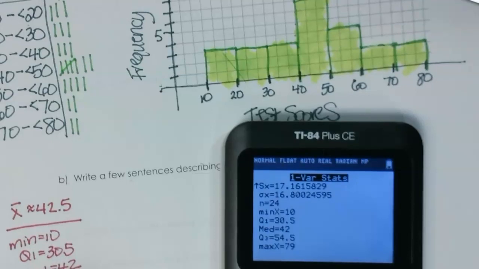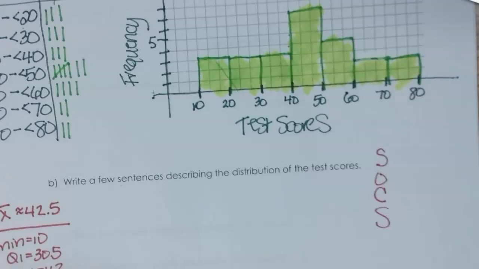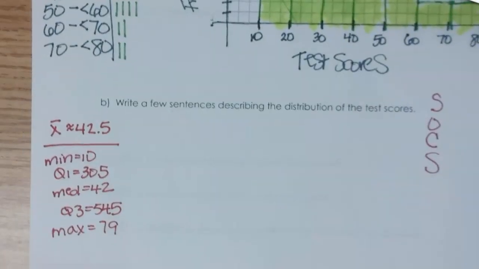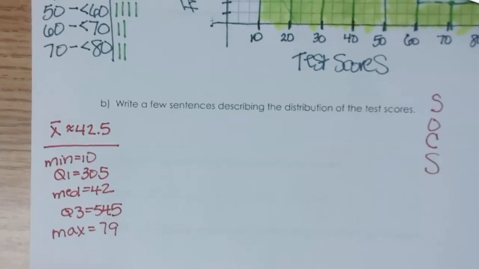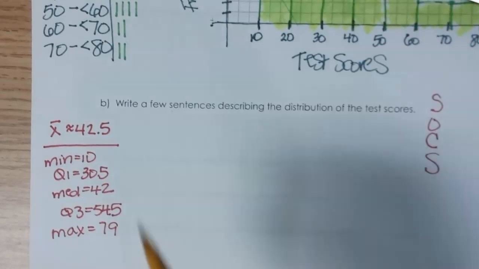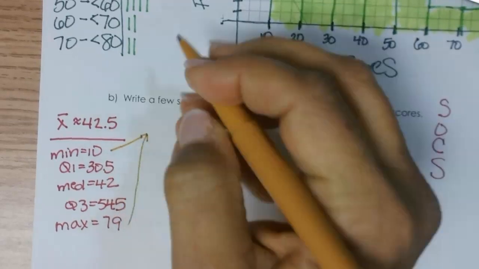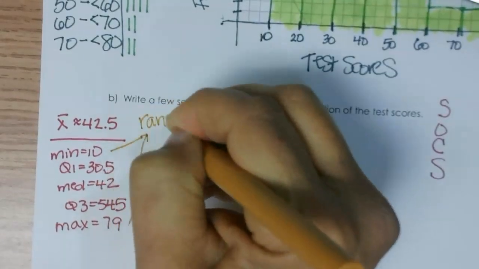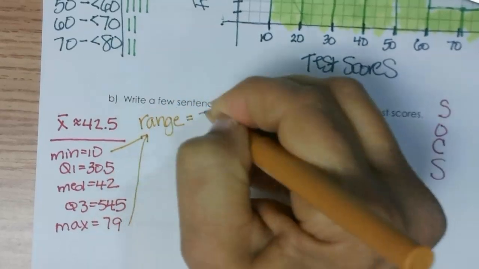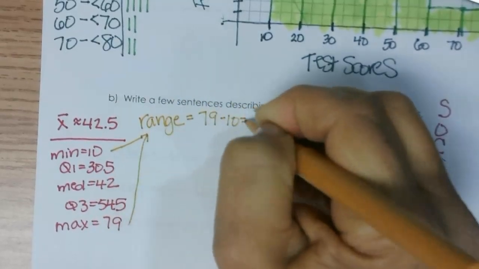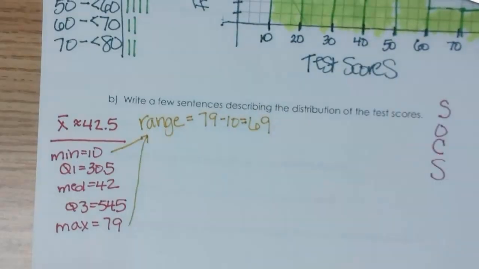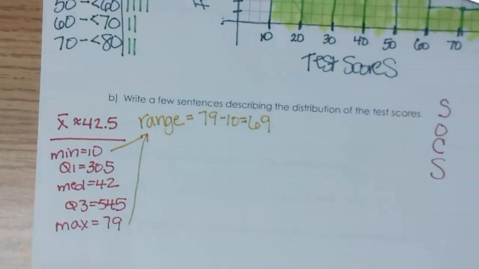Okay? And then from those, we can find some other special pieces. If we use our minimum and our maximum, they can give us our range. So we can take 79 minus 10 to give us 69 for our range.